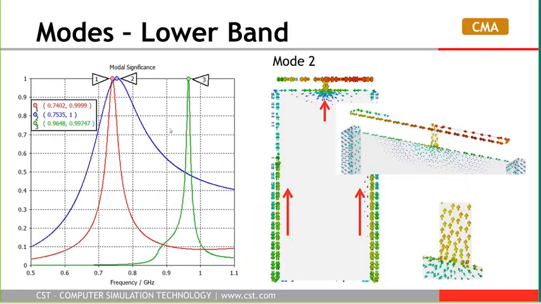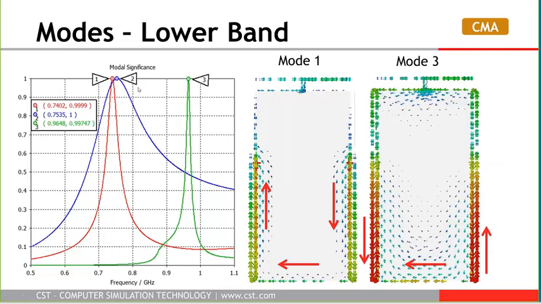And again we can use the same procedure to analyze this type of antenna. We have two modes here between 0.7 and 0.8 gigahertz. The blue one is the most wideband mode, and it's actually the mode of the primary antenna. You can see the current flowing through the port.